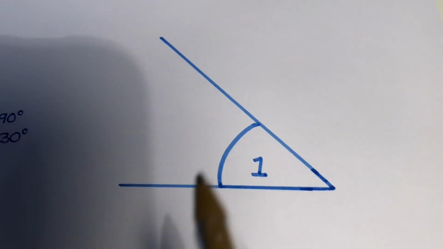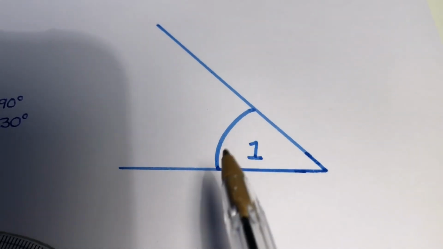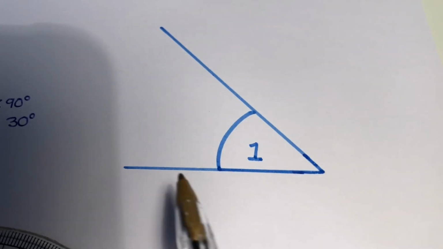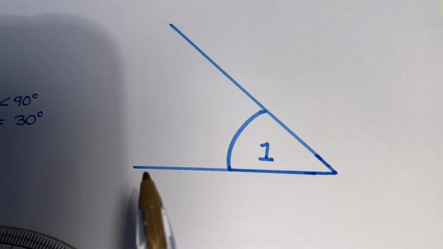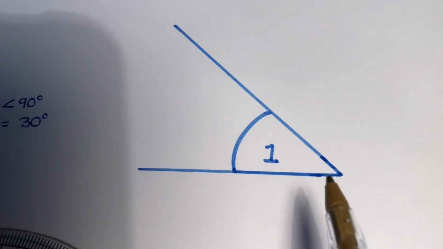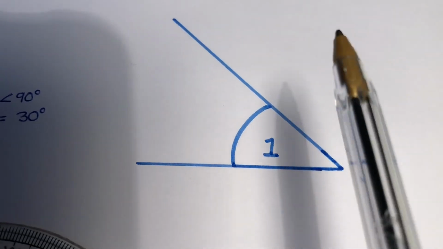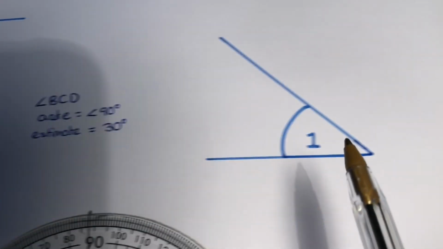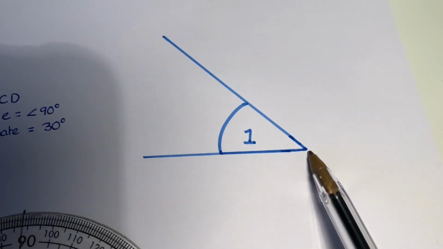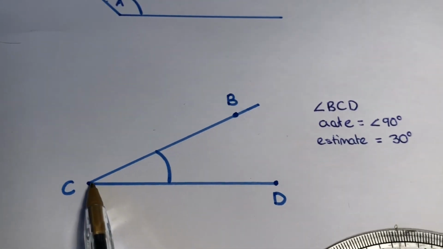Or we sometimes have a number inside the angle. So this angle has been labelled with the number 1. And we can see that yet again, this is another acute angle. It's less than a right angle, it's less than 90 degrees. The only difference between this one and this one is that this has the vertex at the right hand side and this has the vertex at the left.